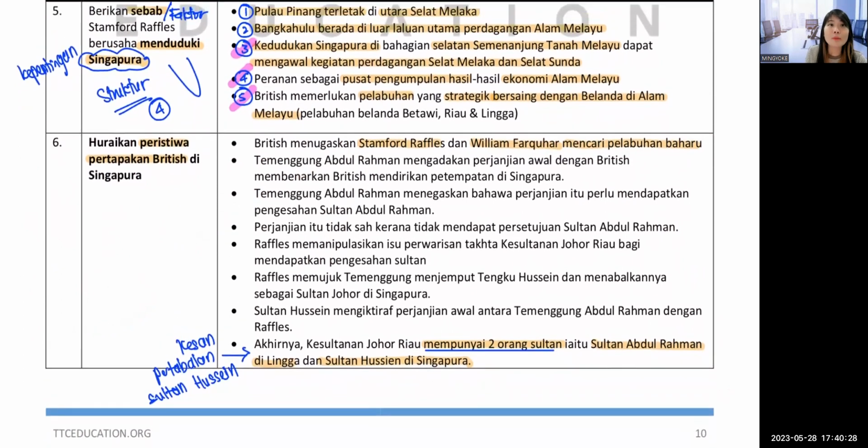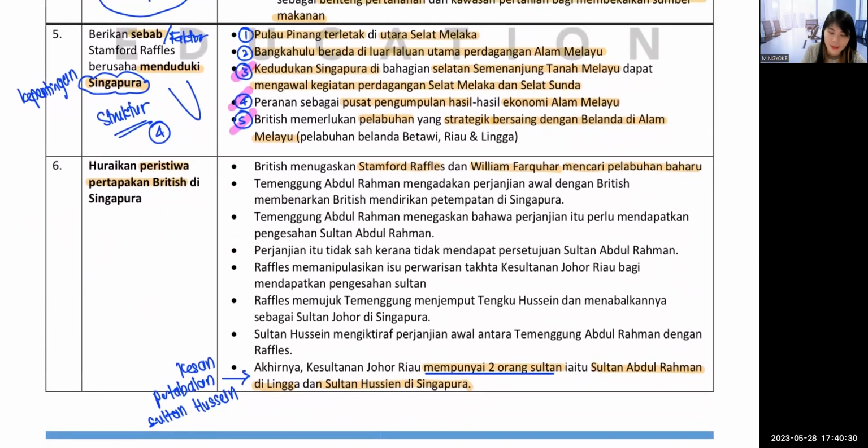Then what happened? When the British came to Singapore, Temenggung Abdul Rahman, originally representing Johor, signed an agreement with the British, allowing them to build a business here. But then Temenggung Abdul Rahman insisted the British get approval from Sultan Abdul Rahman.